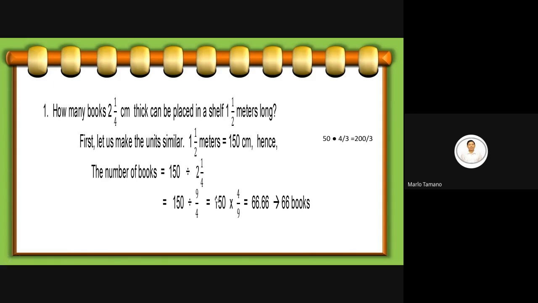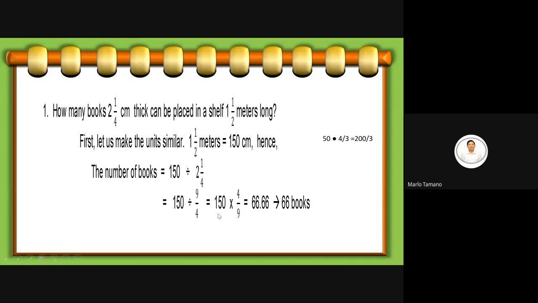Di ba 50? Tama? Ilang 3 meron sa 150? Di ba 50? 50 po. Tapos, yung 9, how many 3 do we have from that 9? 3 po. Okay, so napaliit ko na. So, 50 times 4 over 3 na po. Ang bago nating whole number and fraction.